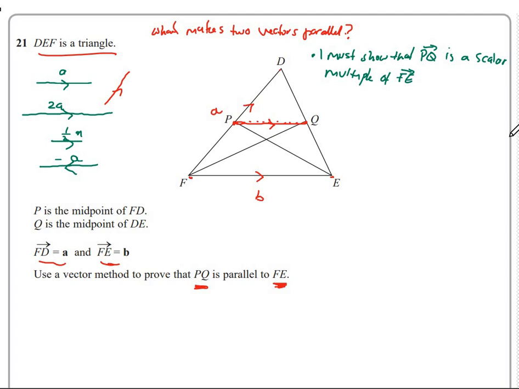In order to show that, I actually have to find PQ. I already have FE, that's B. So now I've reduced it even further: in order to do that, I must find PQ.